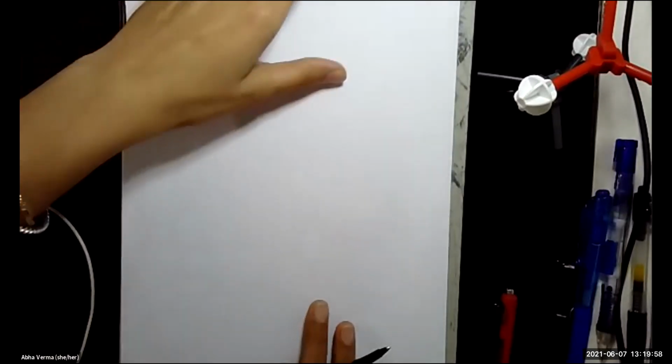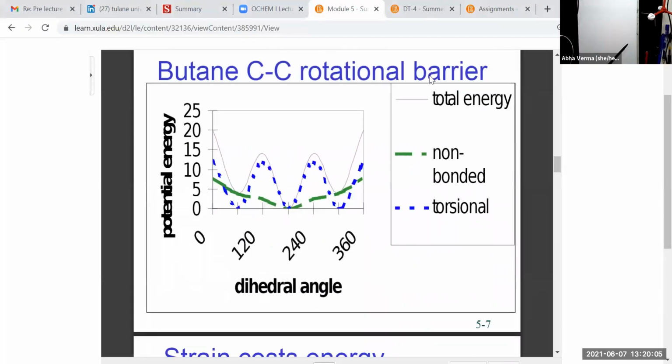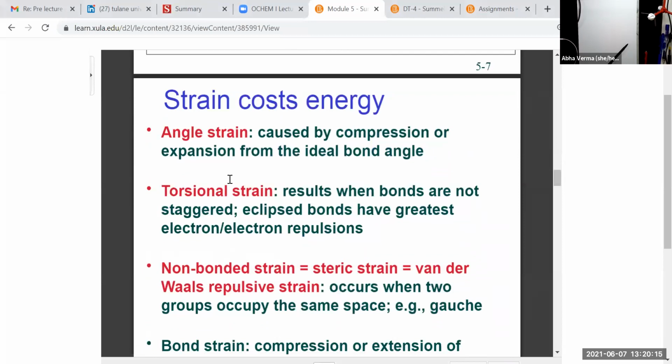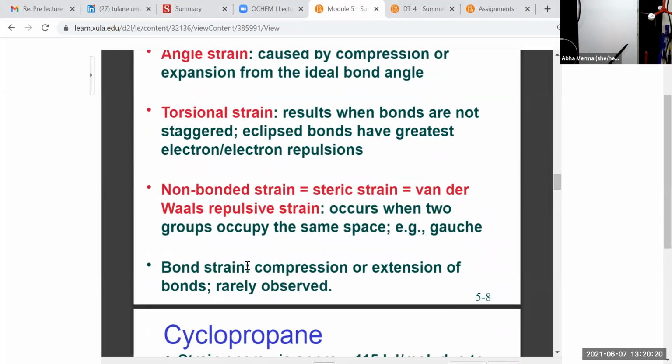So three strains that we have looked at, we will look at them again in our cyclic molecules. Non-bonded is just steric, and torsional is what we have looked at for the eclipsed. So angle, torsional, non-bonded. There is a bond strain also that is present, but we will rarely use it.